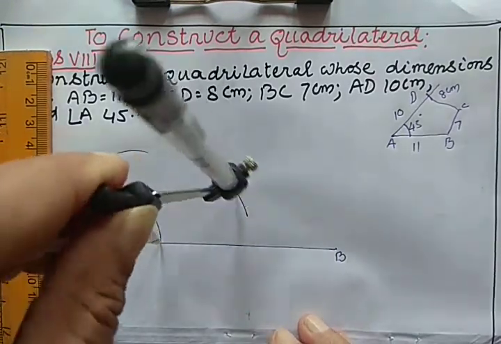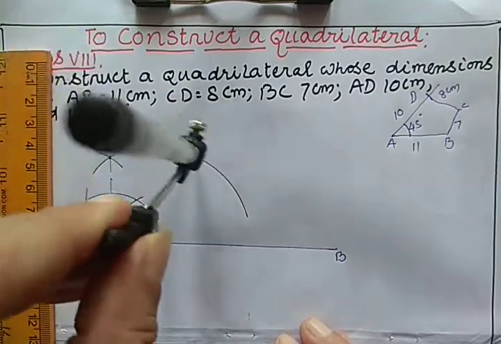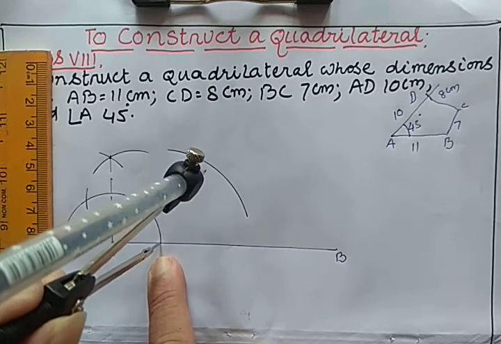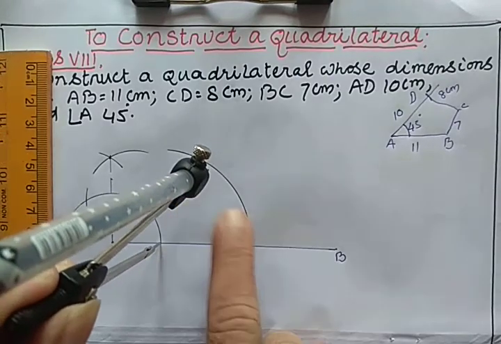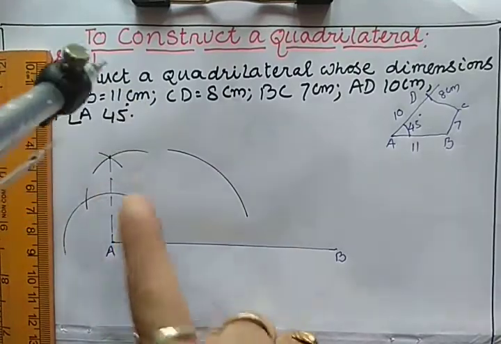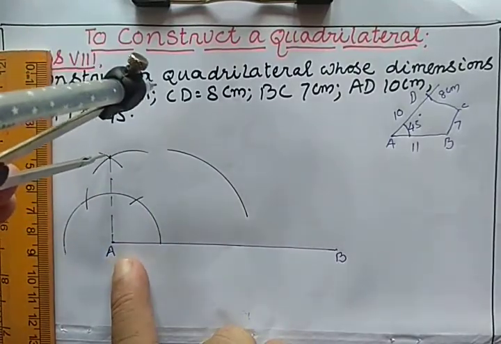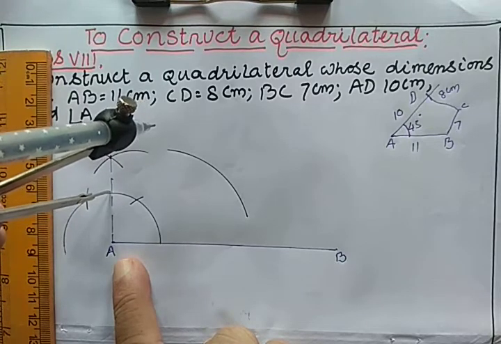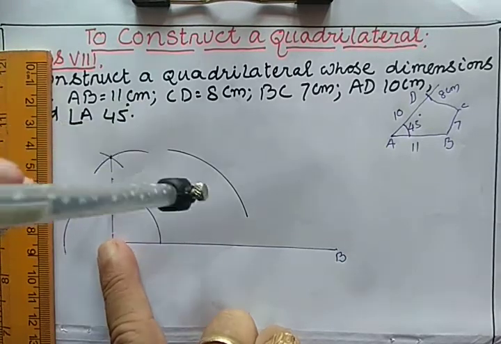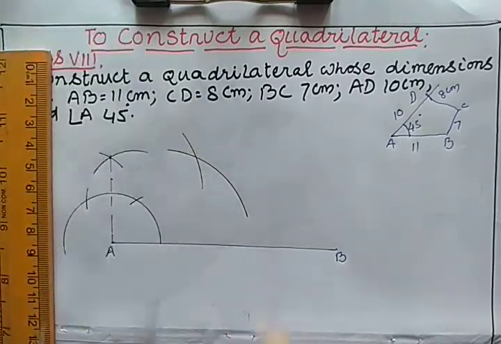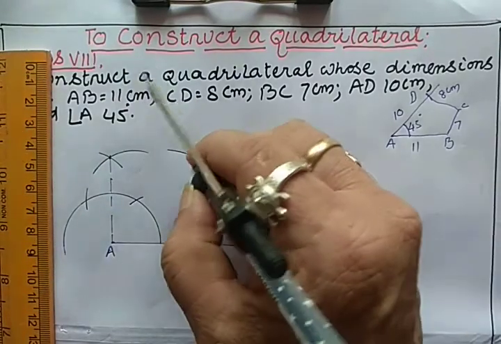Because 45 into 2 is equal to 90. Bisecting means what? From here I take one arc with some radius. And from here, you should not get confused, not from here. From here I take another arc. These two arcs met at this point.